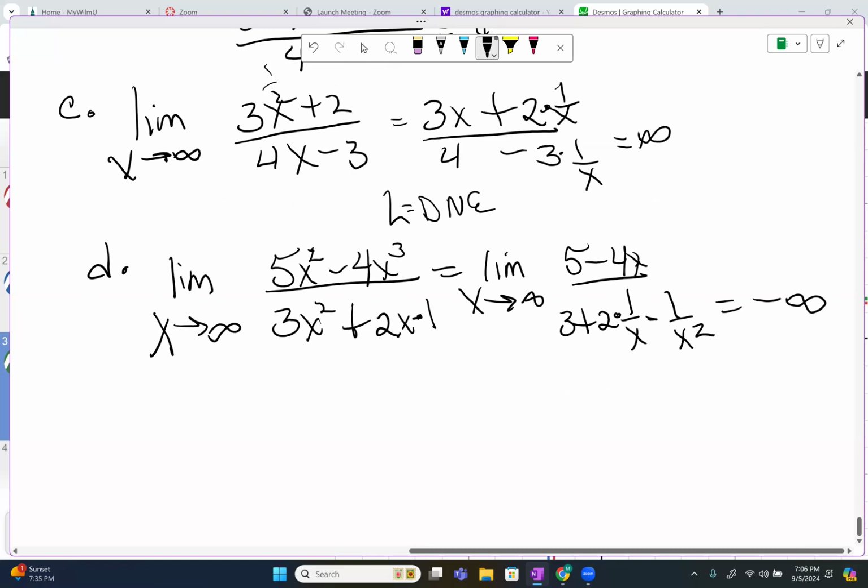All right, let's look at limits at infinity.